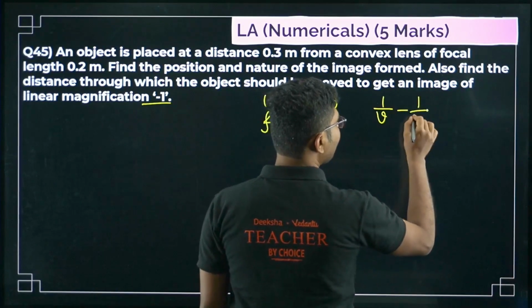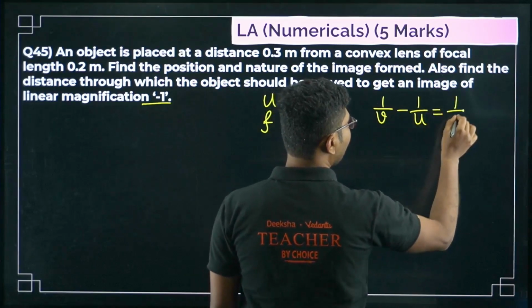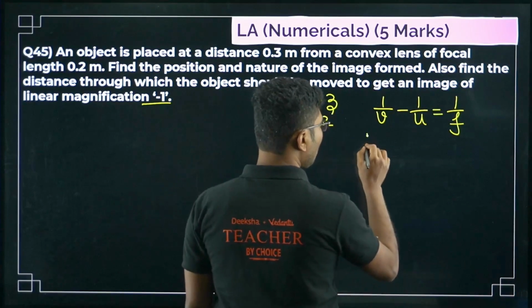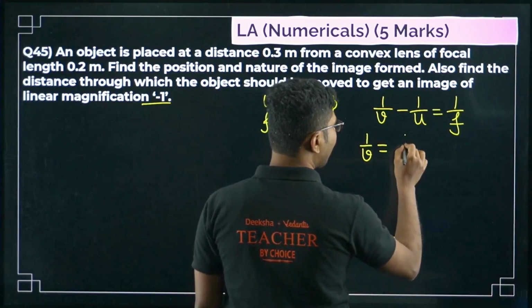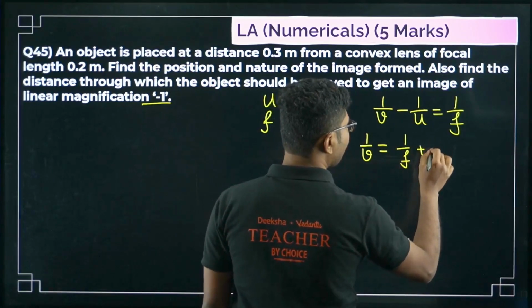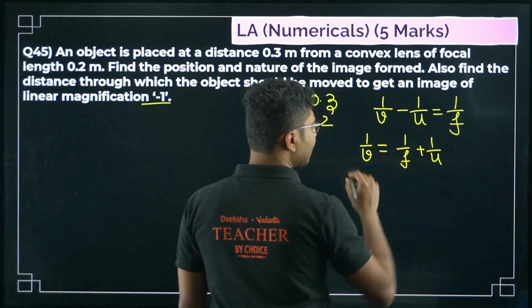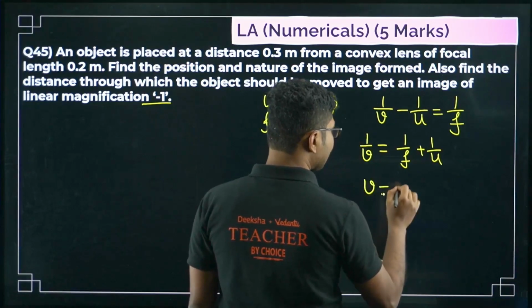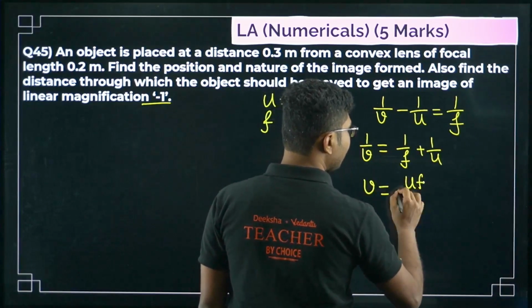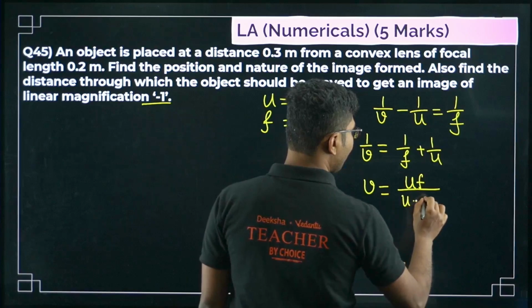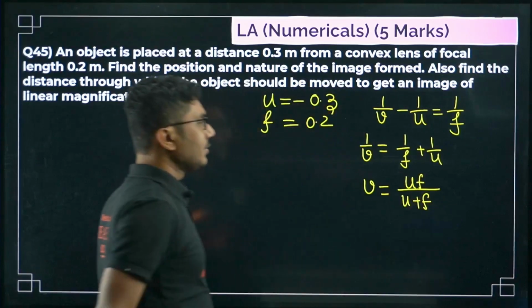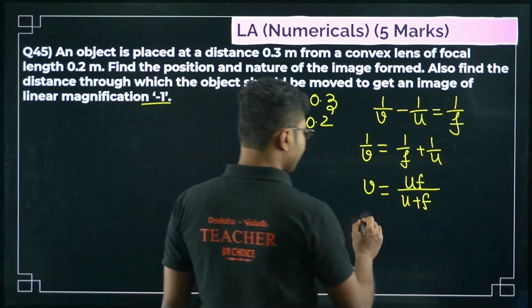The equation is 1 by V minus 1 by U equals 1 by F, or 1 by V equals 1 by F plus 1 by U. So this is like resistances in parallel. So we can say V equals UF divided by U plus F. So this is the formula that we will use to calculate V.